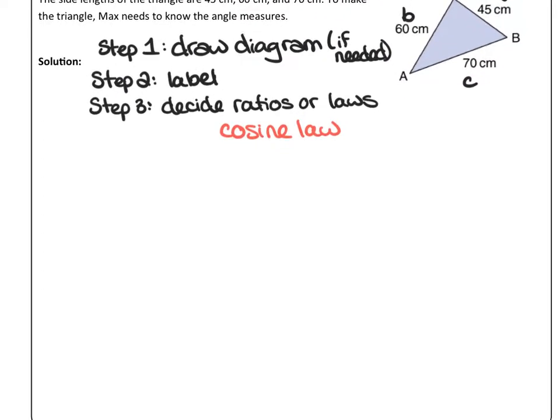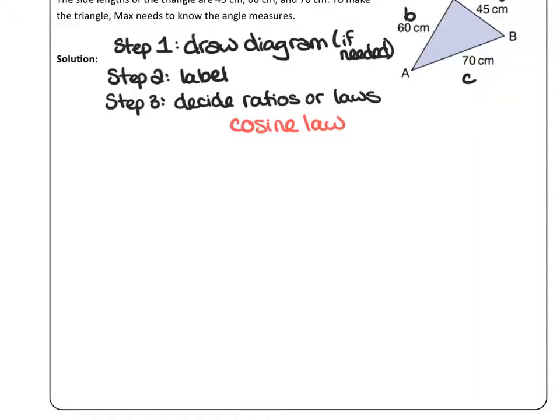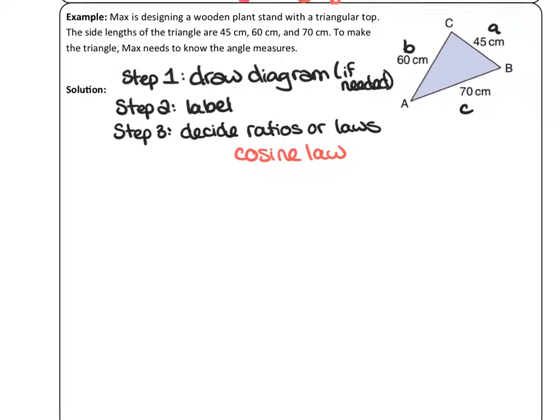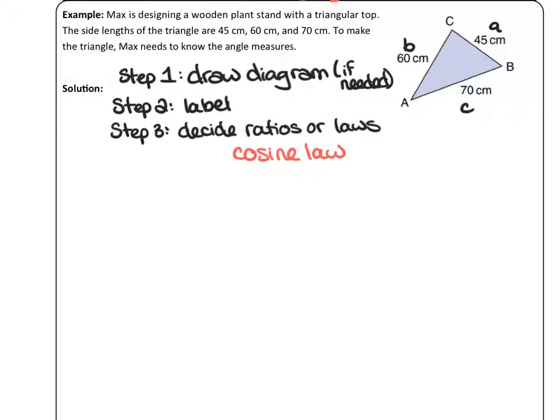Okay, so let's set it up. We need to also decide which angle it is that we're going to find. So I'm going to start with A just because I like to start at the beginning of the alphabet. So cos of A equals b squared plus c squared minus a squared, over 2bc.